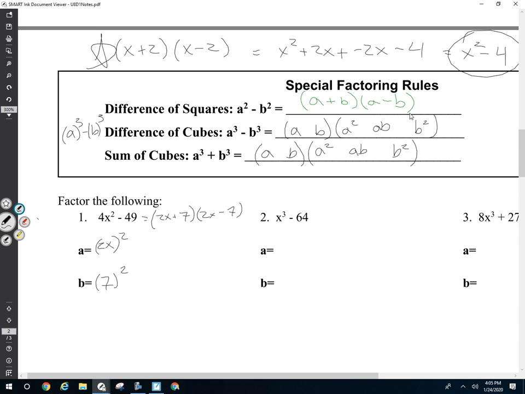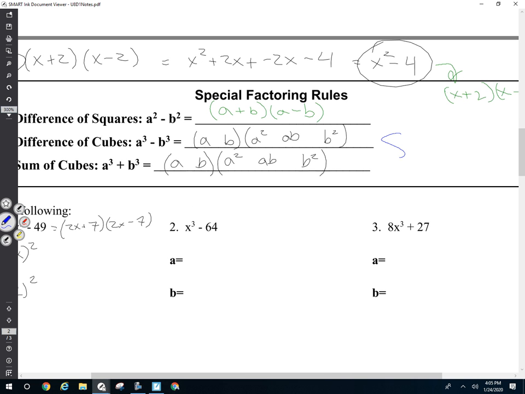Now, we are going to use an acronym to help us remember what to do in between them. The acronym is SOAP. S stands for same, O stands for opposite, AP stands for always positive.